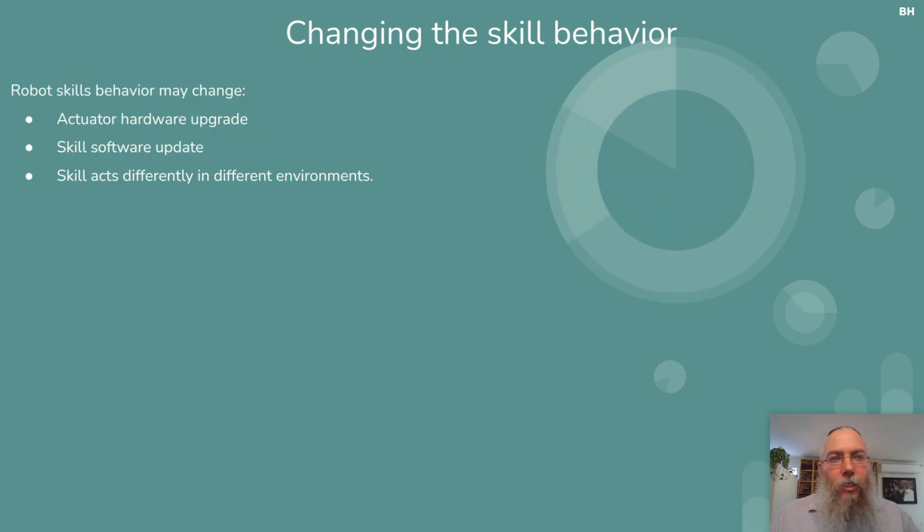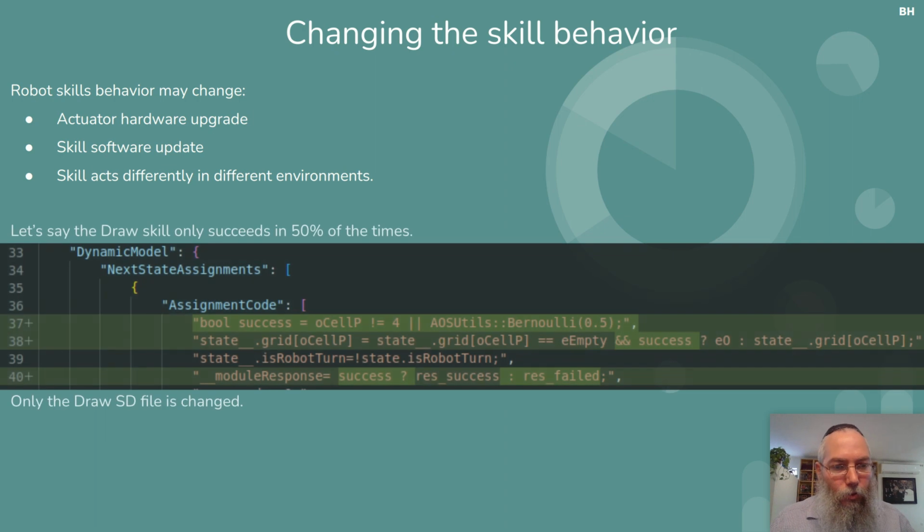Okay, so sometimes we want to change a skill behavior. We talked about it. The actuator hardware was upgraded, the skill software was updated. Maybe the robot is now acting in a different environment, so the skills behave differently, and we want to do it easily.